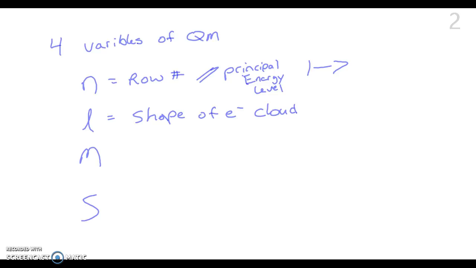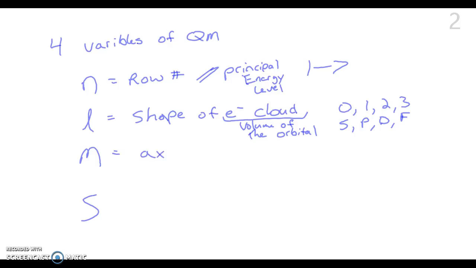The electron cloud is what we consider the volume of the orbital, what we just referred to on the last slide. This has numbers of 0, 1, 2, and 3, and they stand for s, p, d, and f. Those are abbreviations for the numbers. We'll use them interchangeably. But 0 stands for s, 1 stands for p, 2 stands for d, 3 stands for f.